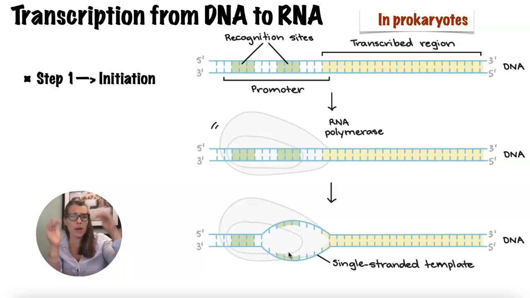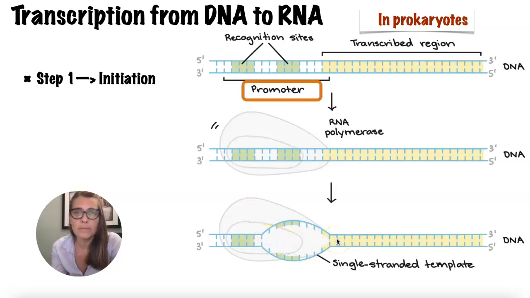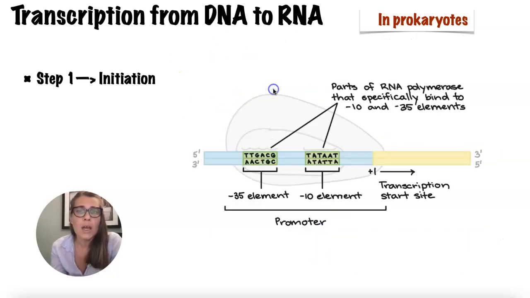Some enzymes are going to come and open the double strand, because remember, we're only transcribing one strand. mRNA has only one strand, so we're only transcribing this strand here, the one that goes from 3' to 5', because the RNA polymerase is going to add the new nucleotides in the direction from 5' to 3'. So this is your promoter.